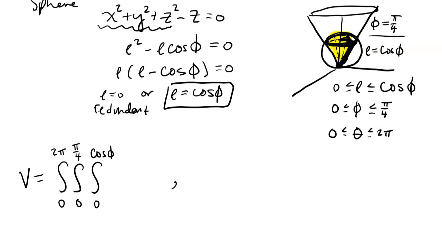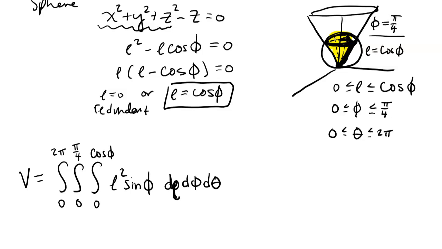And we're doing this as a d rho, d phi, d theta integral. Remember, normally if we were in rectangular coordinates to find the volume, we would integrate 1. However, since we converted to spherical coordinates, we need to add that scale factor for spherical coordinates, which was rho squared sine phi.